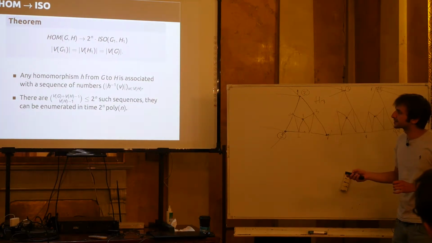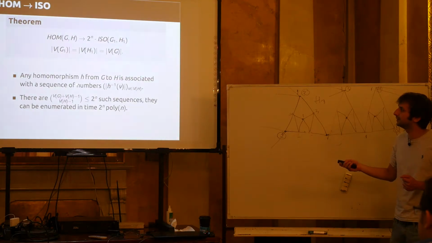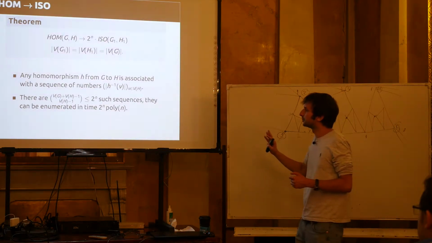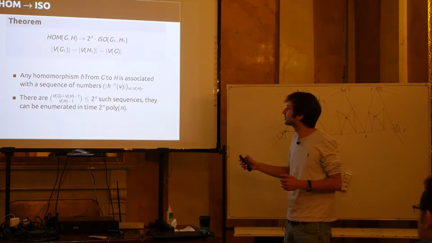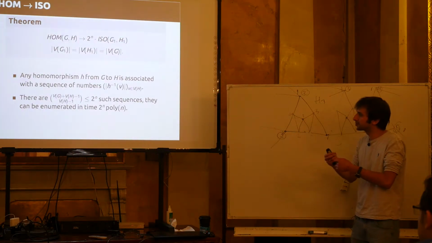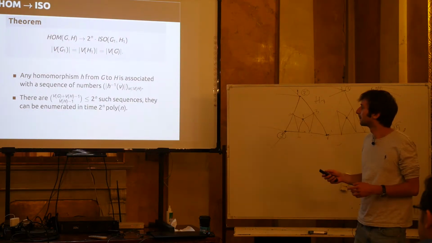In particular, as any binomial coefficient is less than 2 to the power of the top coefficient, this is less than 2 to the n. We defined n, if you remember, as just the sum of these two things. So there are at most 2 to the n such sequences, and also we can efficiently enumerate them. We basically go and enumerate all combinations. This is easy. Any questions?